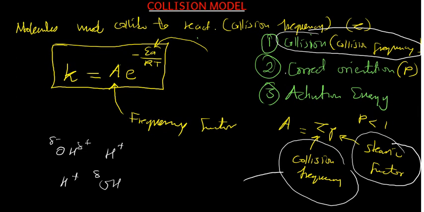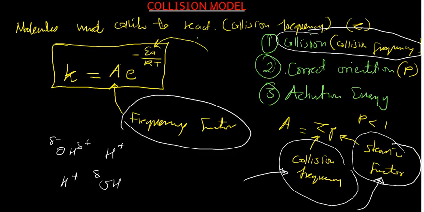We are not only interested in how many collisions are happening, but also in how many are happening with the right orientation. Combining those two gives us the value for A, the frequency factor.